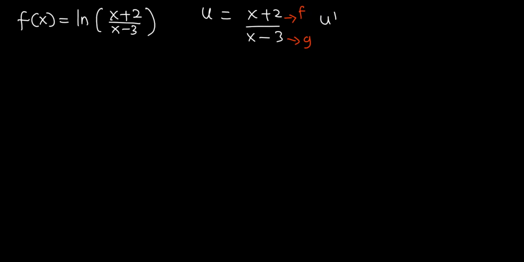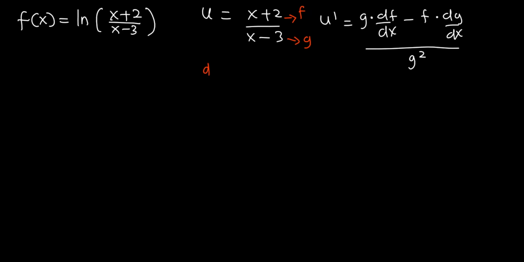So we are applying the quotient rule, then u prime will be equal to g multiplying df over dx, minus f multiplying dg over dx, all divided by g squared. So this is what you are going to do. Now we know f and we know g, so now let's calculate the derivative of f and then g.